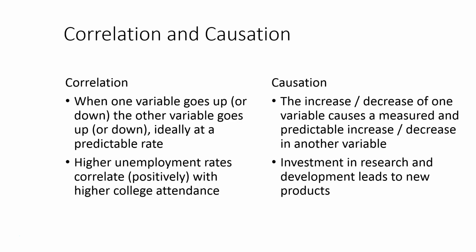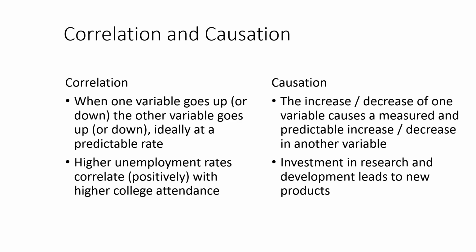A goes down and B goes down in some measured way. But they do not cause each other, and that's an important point. The increase in A does not cause the increase in B, and they may be only loosely related. For example, higher employment in a city may be related to higher levels of durable goods purchases, but it may not, and we don't really know that.